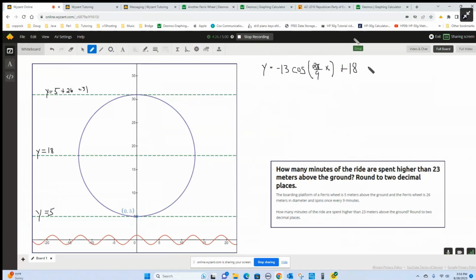And we want to know, what value of x produces a y value of 23, a height of 23. Equals 23.